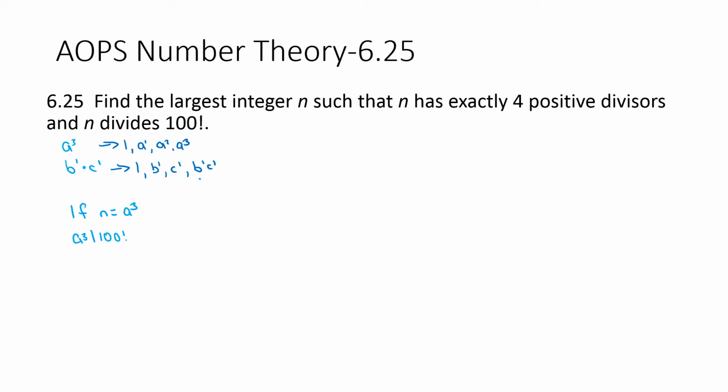So that means 3a is less or equal to 100, so a is less or equal to 33, and the largest possible value of a that is prime is 31. So n would be 31 to the power of 3.